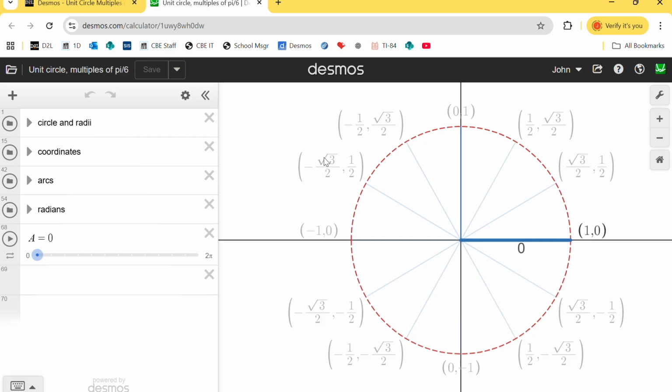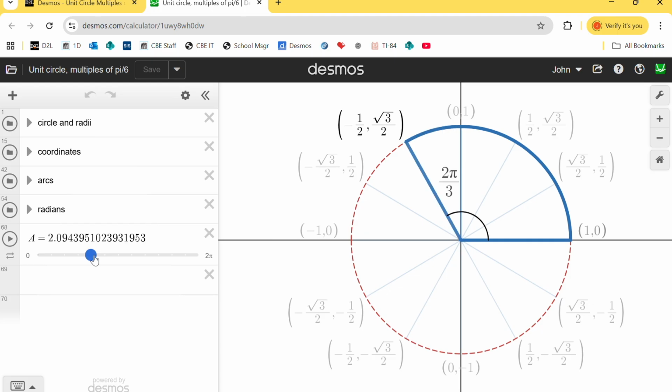Okay, folks, this is again back to Desmos, the unit circle, multiples of pi over 6. It's our most common multiple that we use. Sorry, it doesn't include pi over 4, but not that difficult to understand. So at 1, 0, right click, there's pi over 6, pi over 3, or otherwise known as 2 pi over 6, 3 pi over 6, or pi over 2.